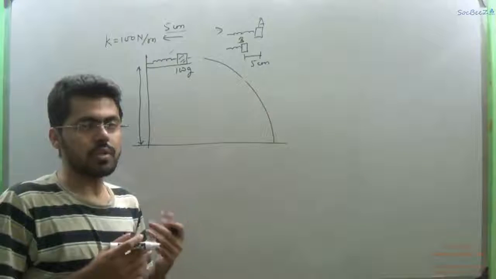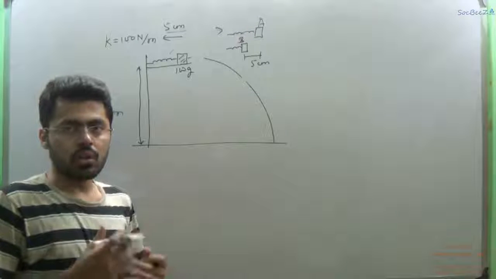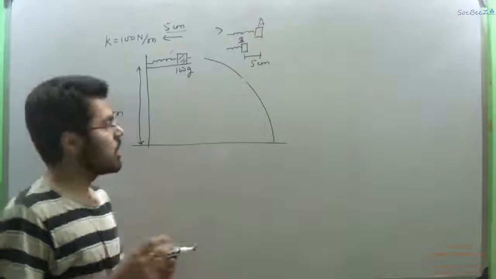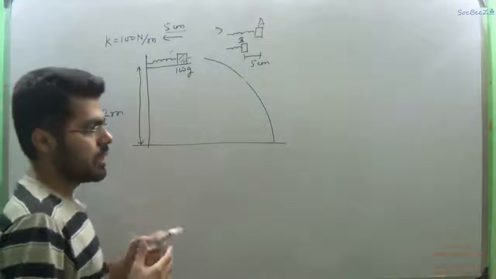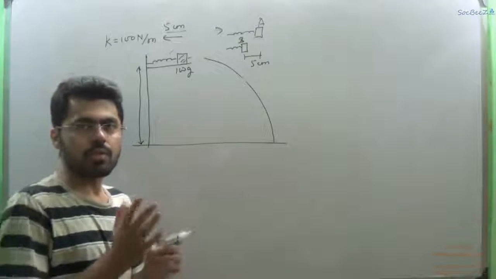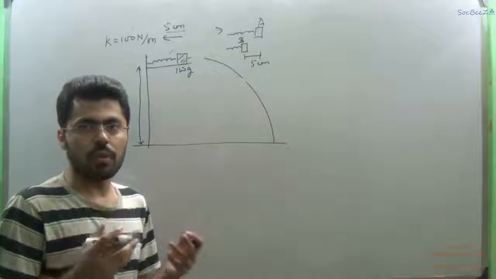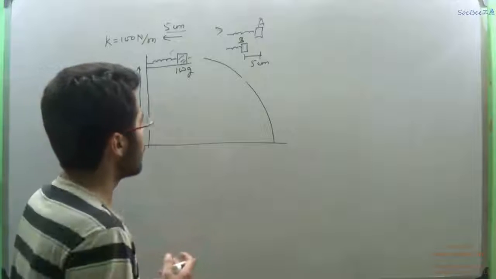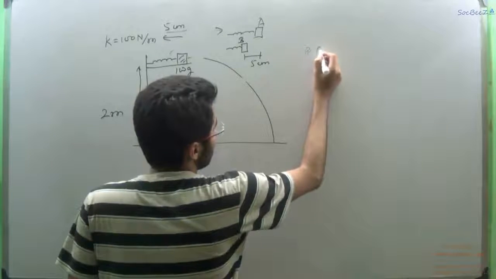Because if potential energy is coming in the spring, it must be coming from some source. So what is the source here? The source is the work we need to do in order to compress the spring. So whatever work has been done, the entire amount has just been transferred to potential energy, because there is no kinetic energy component. So we can calculate the potential energy there.